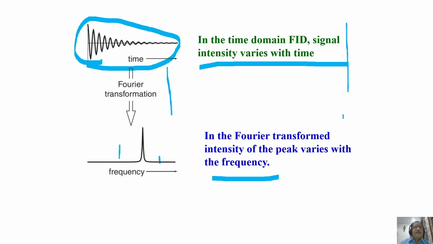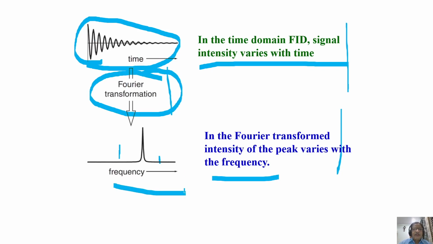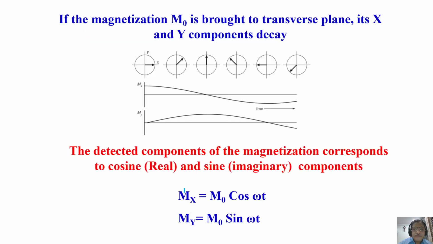Here is the variation of the intensity of the peaks in the frequency domain. So basically, you don't need to know anything. All you do is simply collect the signal and give a simple command called Fourier transformation in the instrument, and the computer is going to give you the spectrum like this. This is what you finally require to do the analysis.